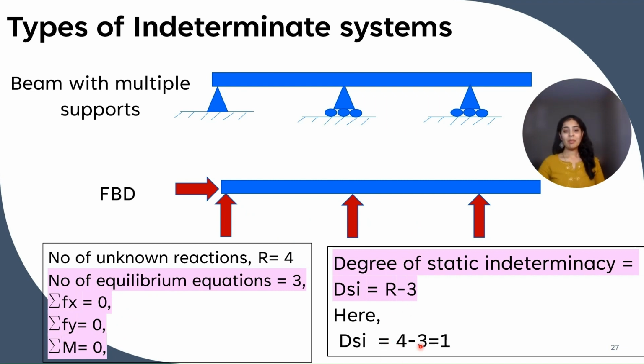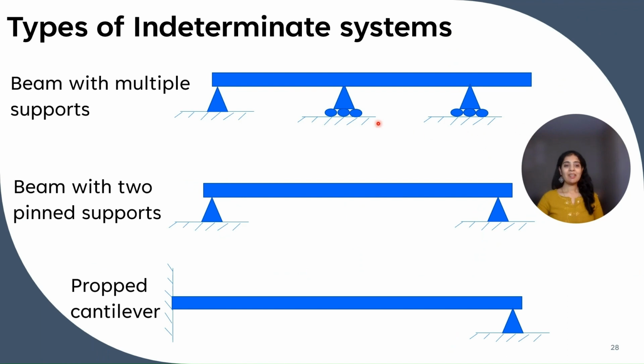So 4 minus 3, that is 1, will be the degree of indeterminacy. These are some of the examples of indeterminate systems. Beam with two pin supports, propped cantilever. So can you verify whether these are indeterminate or not?